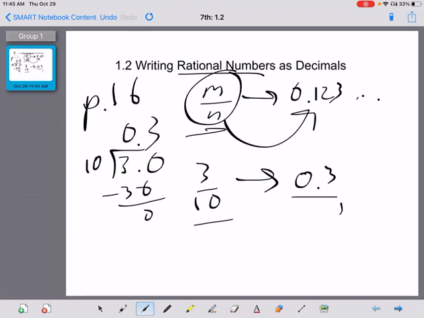You can also look at another example there, 21/100 equals 0.21, no surprise there.